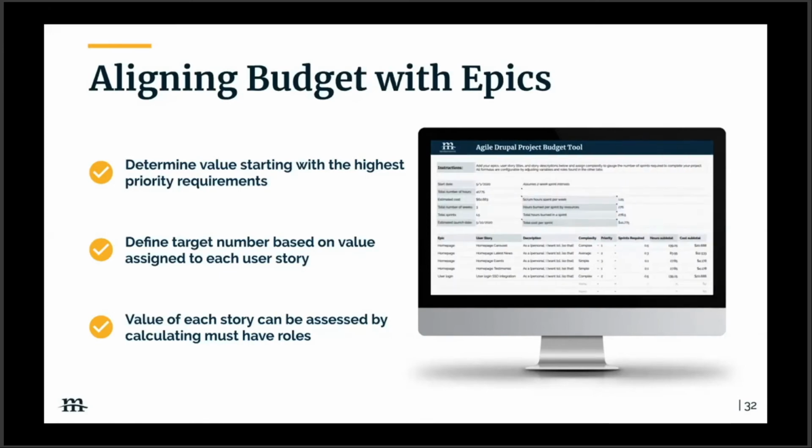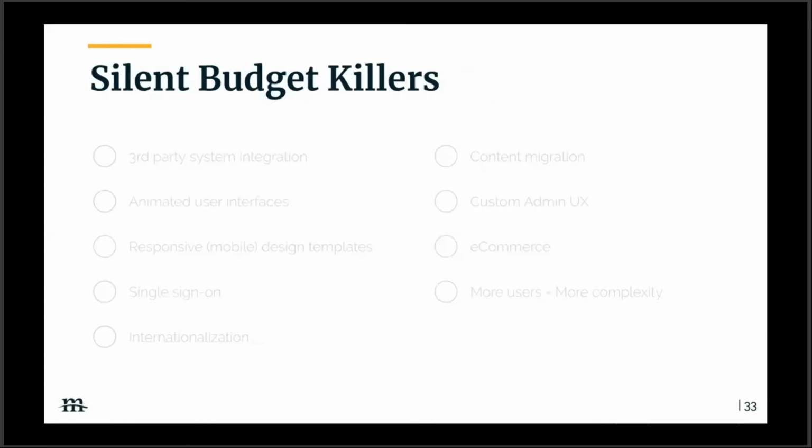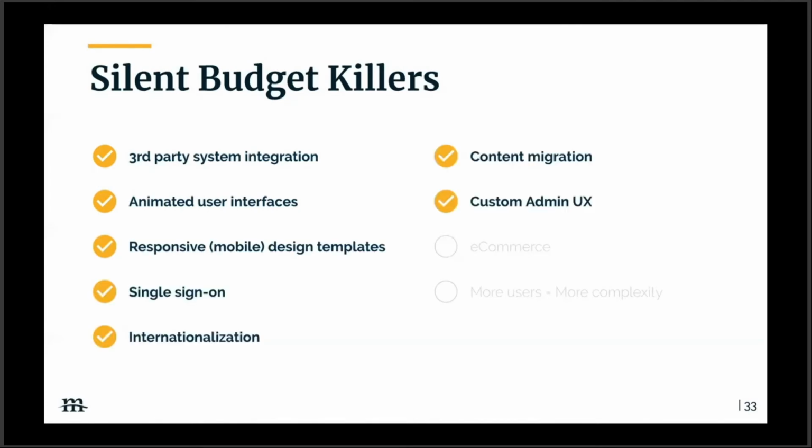What are some things that you can kind of look for also along the way? The first is what we call silent budget killers. These are items that if they're included in your requirements and stories, you're going to want to circle, as they have a lot of unknowns and in many cases dependencies on things that you don't directly control.